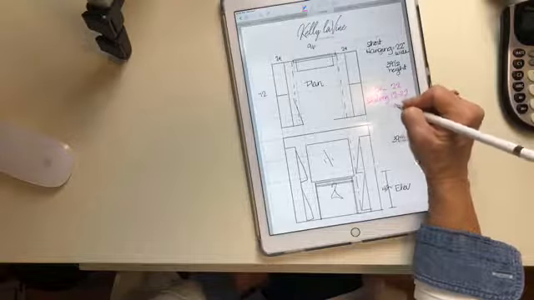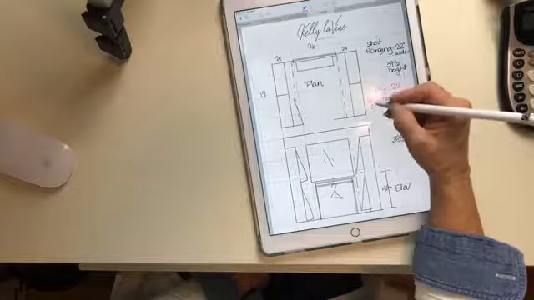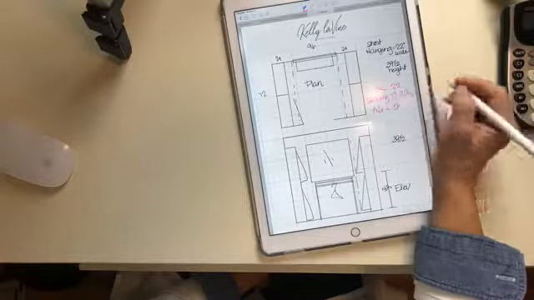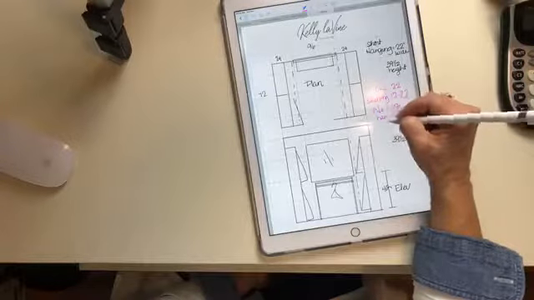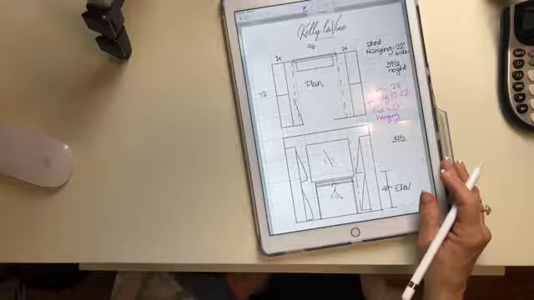Less than 12 inches, you're going to have to use the space behind it or below it more than likely. You can't get hanging there.